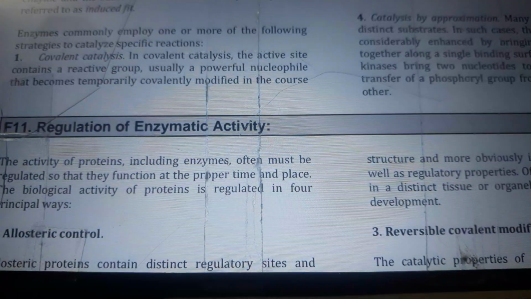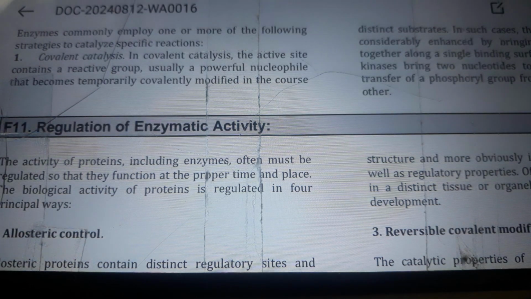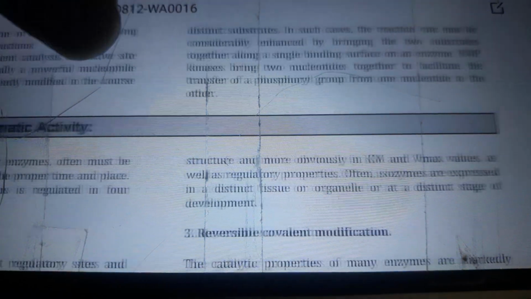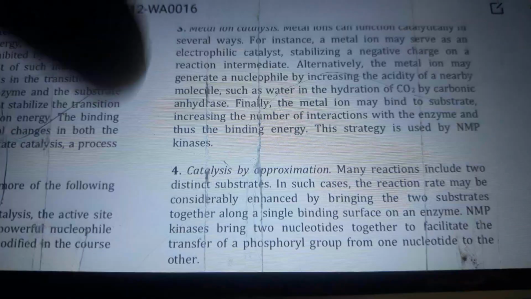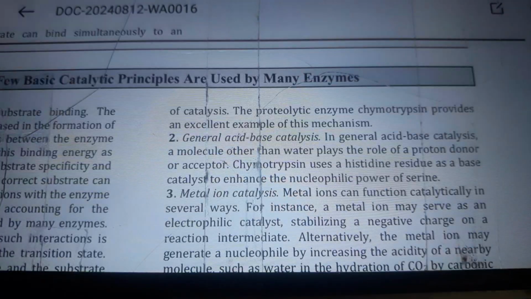Enzymes commonly employ one or more of the following strategies to catalyze specific reactions. 1. Covalent catalysis. The active site contains a reactive group, usually a powerful nucleophile, that becomes temporarily covalently modified in the course of catalysis.